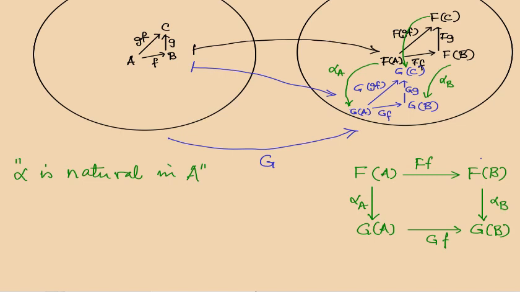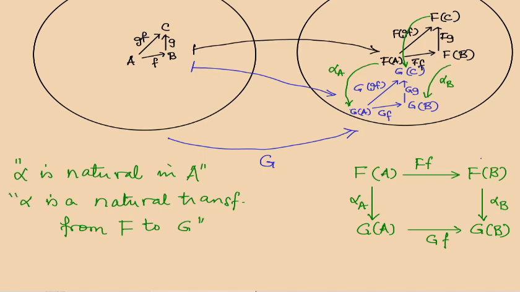Or alpha is a natural transformation from F to G. This is also another way in which we say it. From the functor F to the functor G. Because this is where the functor is coming into the picture.